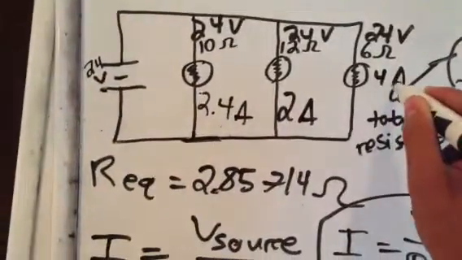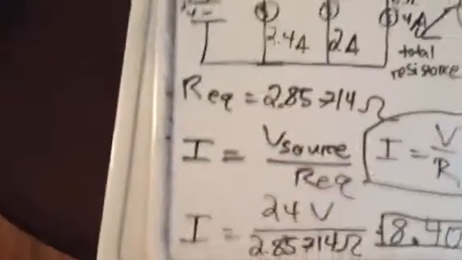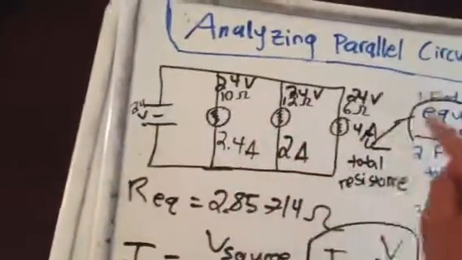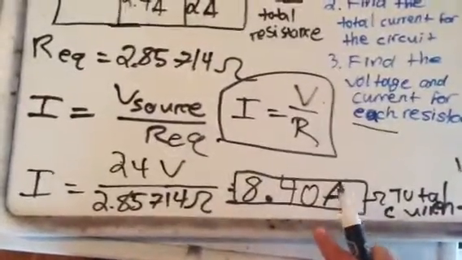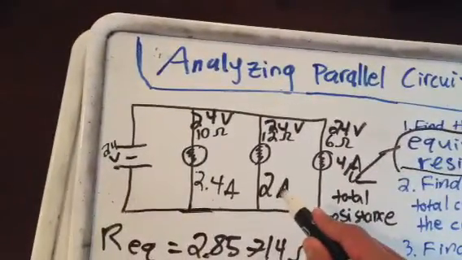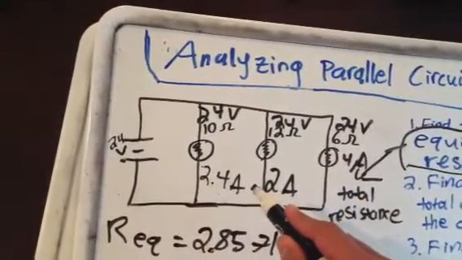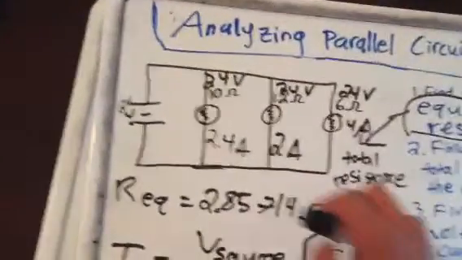Now, if you remember what I said at the beginning of the video, the I total has to equal I1 plus I2 plus I3. Well, this is a good way of checking our work. We got 8.40 as the total current. So now let's add up this, this, and this. 6 plus 2 is 8. Oh, I'm sorry.